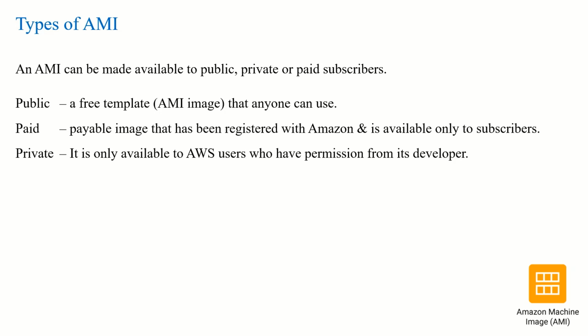Okay. Next is paid AMI. There are many payable images that are available. For that, you need to pay and subscribe. You need to get it. Say, for example, you want Windows Server with SQL or MySQL or some other operating system.